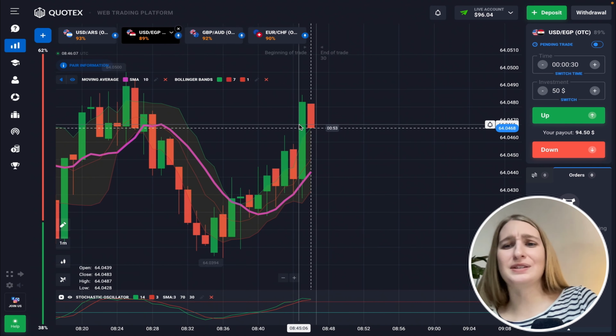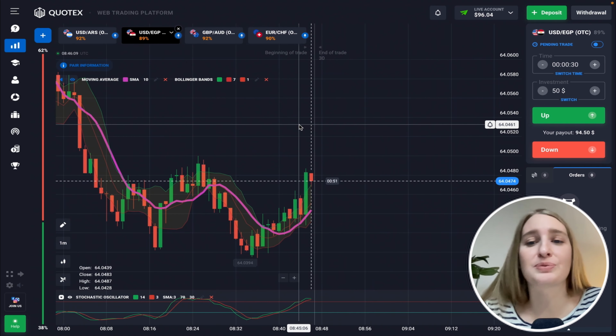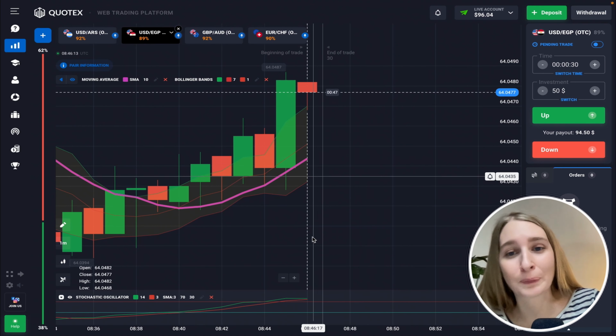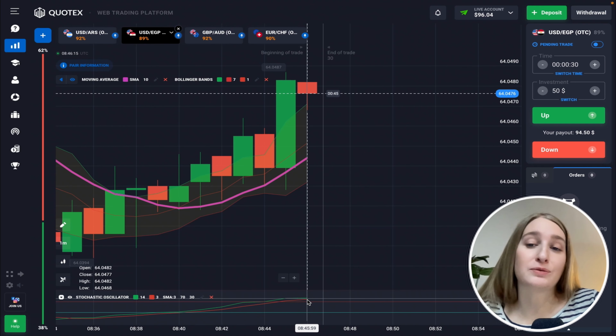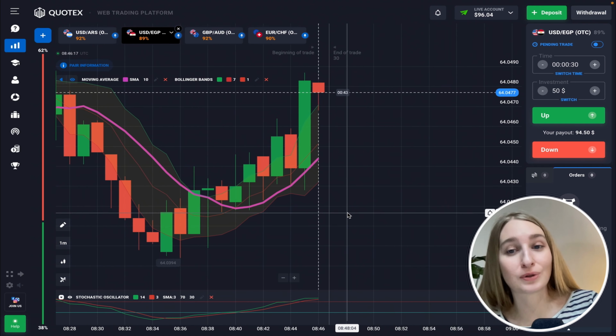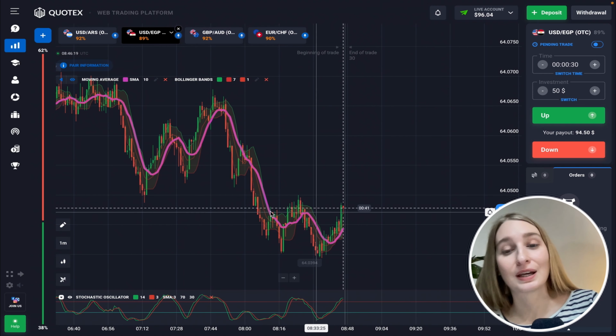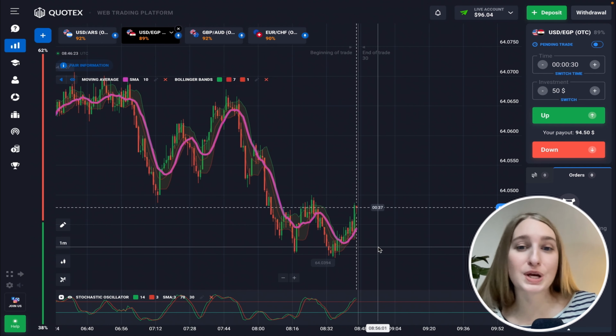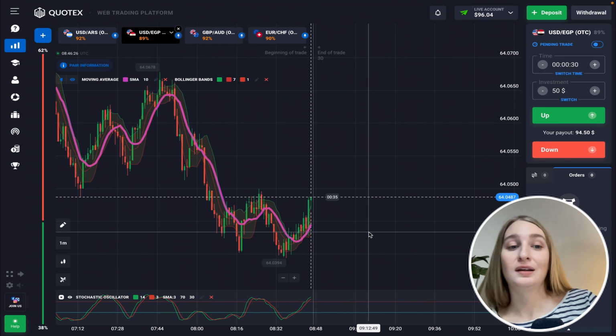And you see there will be an intersection if we look directly at the stochastic oscillator. Let's see the whole view, bearish movement overall in the past 30 minutes. Okay, the situation is also volatile.